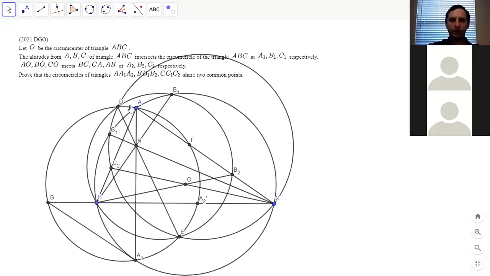D and E are defined based on the circles B, B1, B2, and C, C1, C2. And we proved that DH and E are collinear, and we proved that DAEA1 is cyclic. So I take that circle and I let BC intersect that circle at point G. And if I can show that GA1 is tangent to the circumcircle of ABC, that would solve the problem.